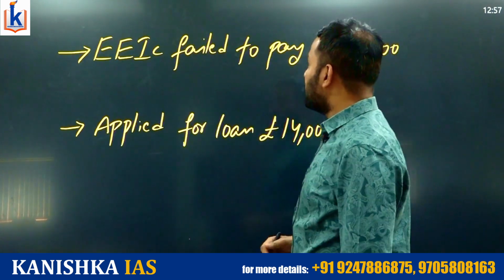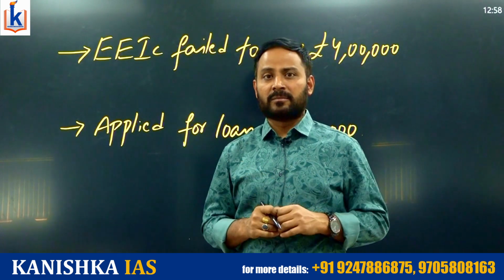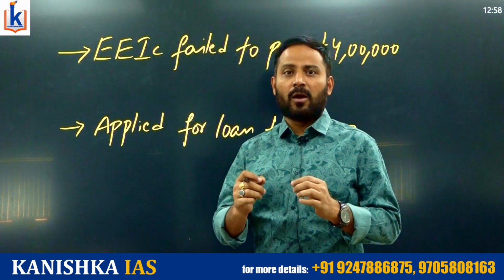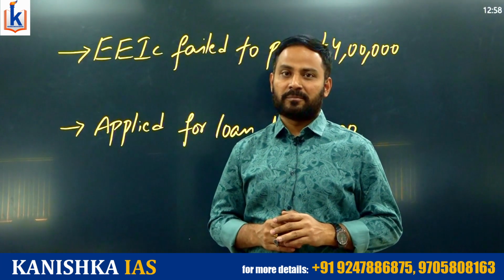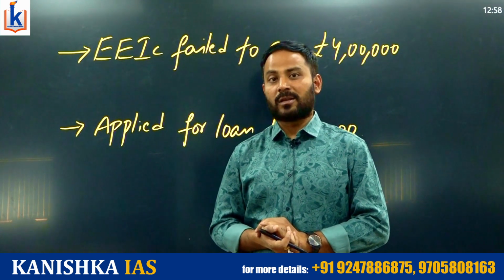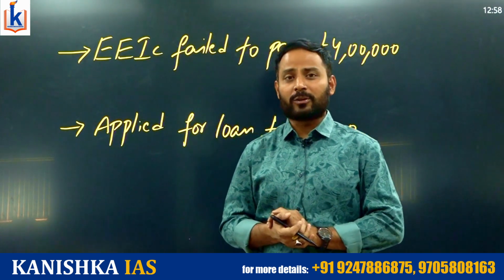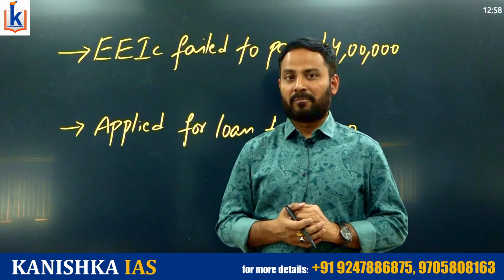And the next reason is, when the English East India Company came to India in the 1600s, it took the help of royal forces and promised to pay 4 lakh pounds annually to the British government. But it failed to pay these 4 lakh pounds annually. Above all, what we thought about the English East India Company, that it was wealthy and prosperous, was wrong.